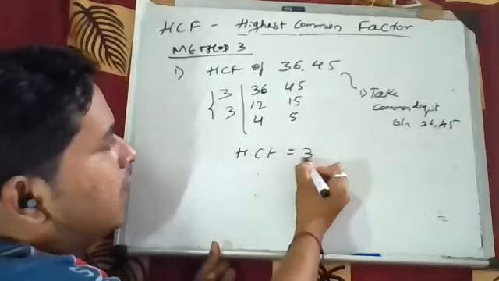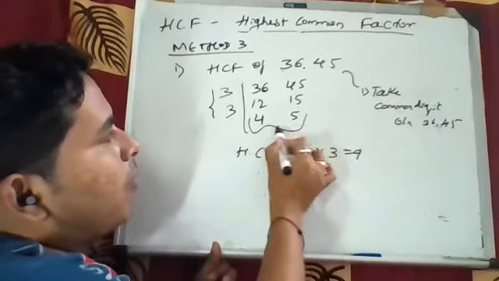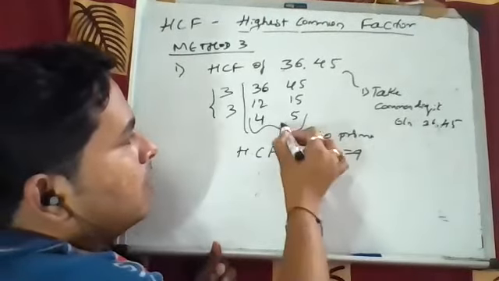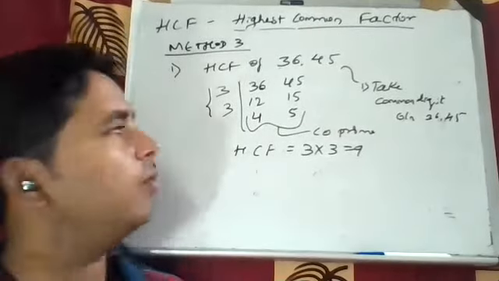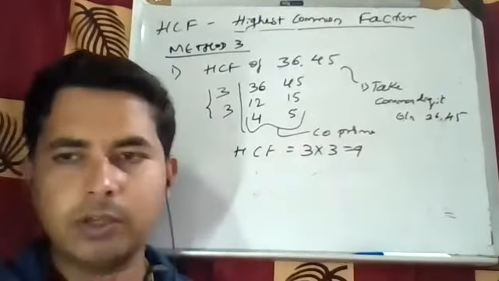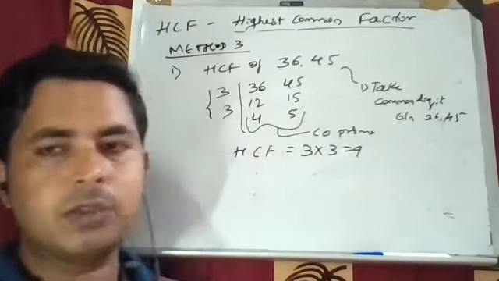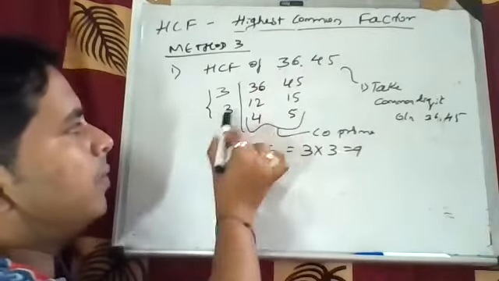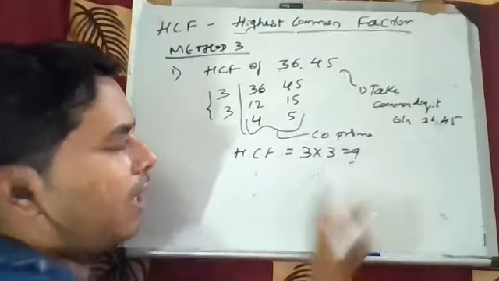HCF is 3 into 3, which is 9. These 4 and 5 become co-primes. What is a co-prime? They won't divide by any other number; only 1 can divide them. So 3 is common in 36 and 45, and again 3 is common in 12 and 15, leaving 4 and 5. So your HCF is 9.